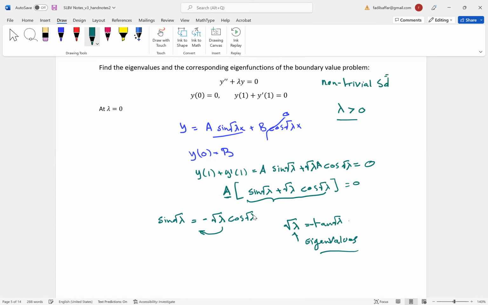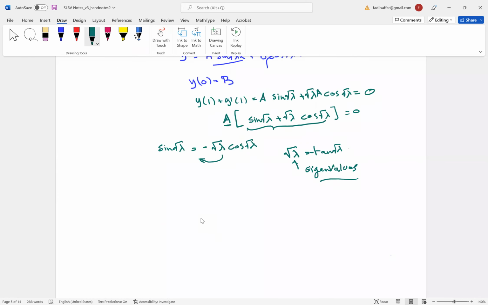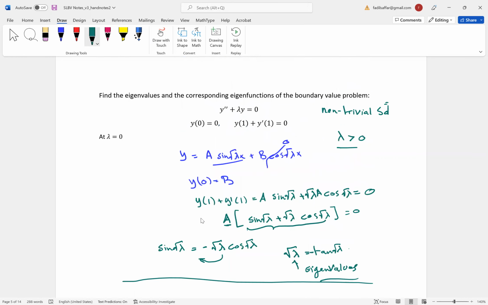So if at a certain value lambda gives us just a trivial solution, we do not consider that value as an eigenvalue. Thus we just exclude that value.